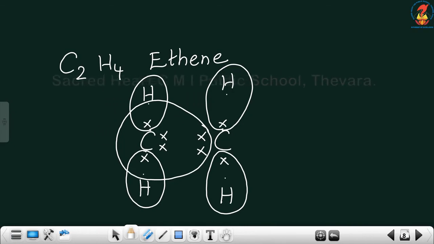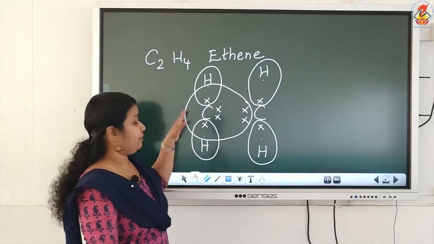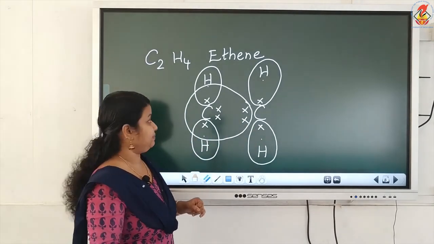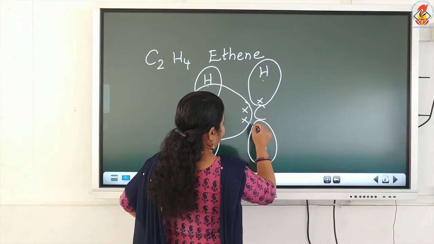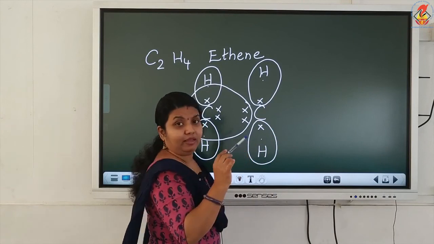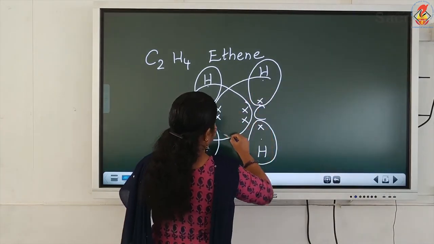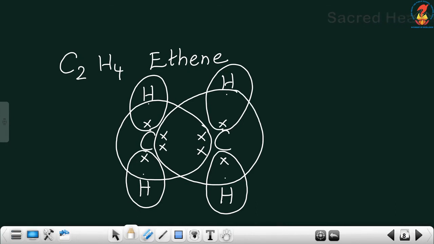Its own 4 electrons, 1 from each hydrogen atom connected to it, and then 2 electrons from the second carbon atom, making the total 8. Now take the second carbon. Its 4 electrons, then 5, 6 from the hydrogens connected to it, then 2 electrons from the first carbon atom. Okay. Now we can write their structures.